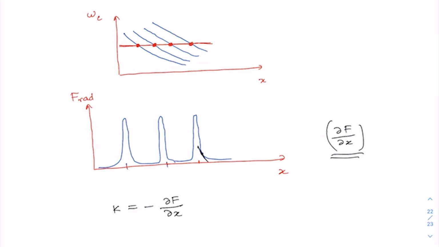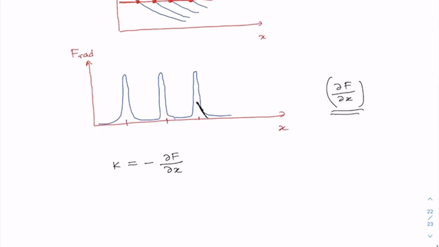Now as the mirror is moving towards the right, we have a force pointing to the left. You see the force is pointing to the left, and this force linearly increases in amplitude as we move the position. So this is exactly the effect of a mechanical spring.